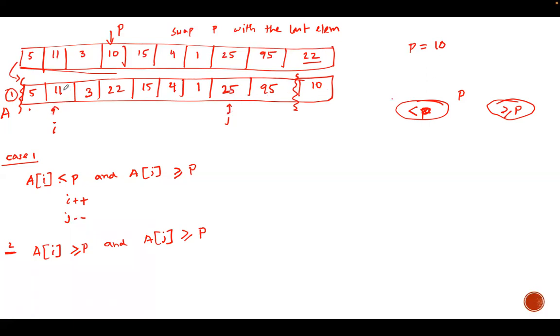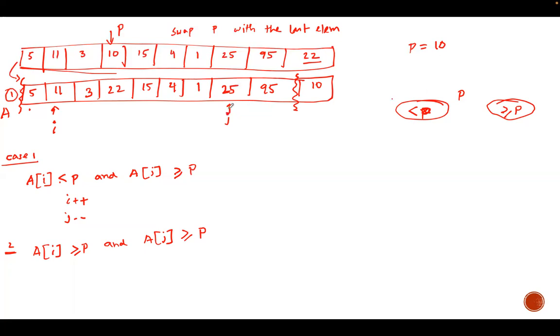So we know that if the element is greater than pivot, it should actually be on the right side of the 10. I mean, we should move it to the right side of the array. Now, what we have to do is keep i waiting here, because if I want to move 11 to the right side, first of all, I have to find a place.